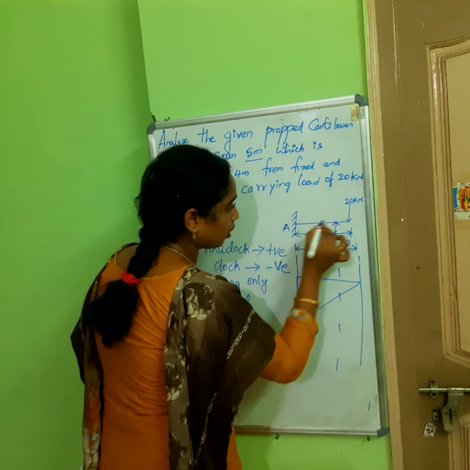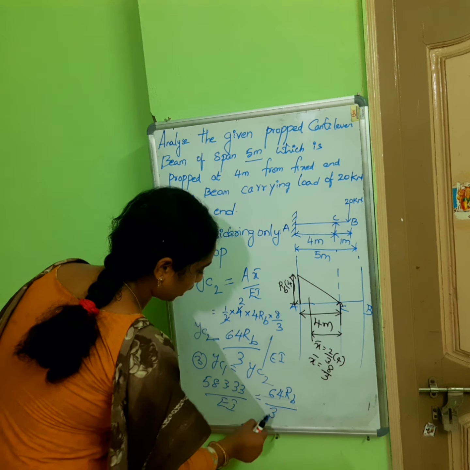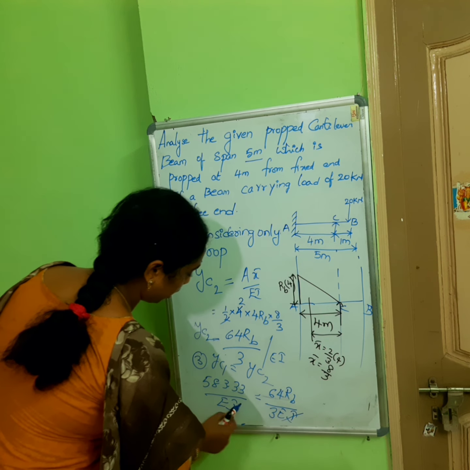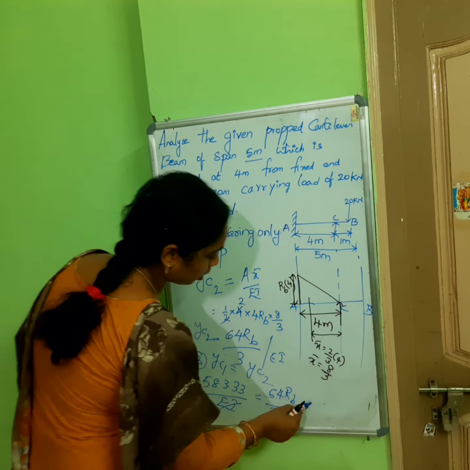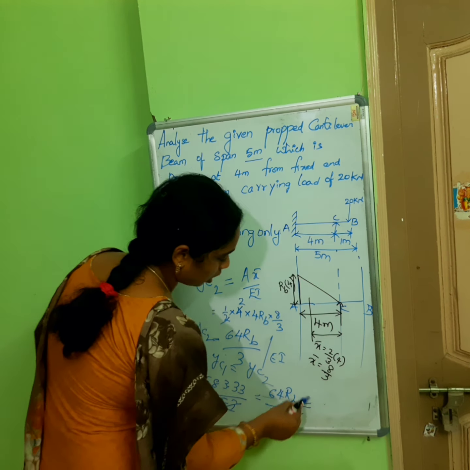YC1, how much did we get? 583.33 divided by EI is equal to 64 RB divided by 3 EI. Okay, EI cancels and how much will we get? RB is equal to how much? 27.3 kilonewtons. Okay, this is my RB value.